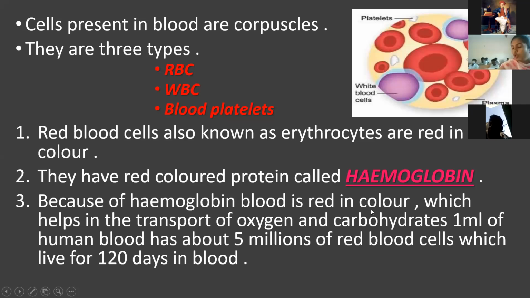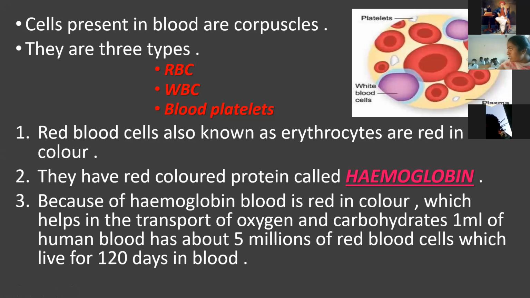One ml of human blood has about 5 million red blood cells, which live for 120 days in blood. The hemoglobin is responsible for transporting oxygen and carbohydrates.